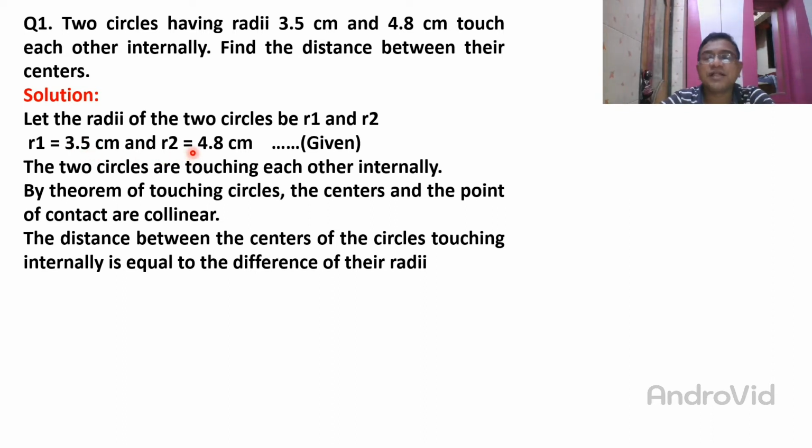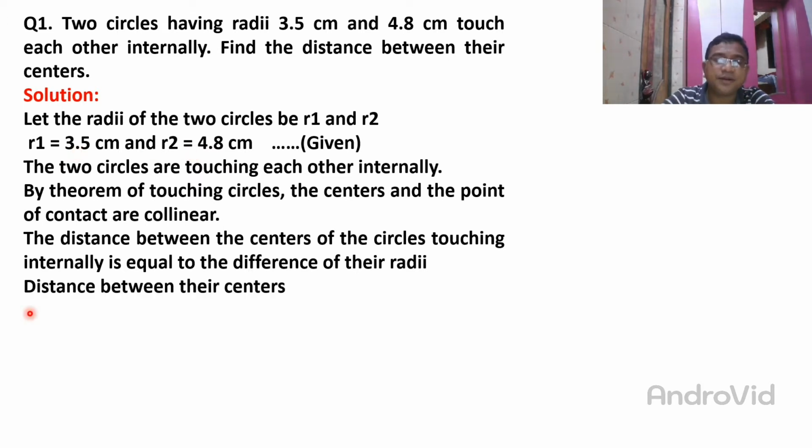So the distance D is equal to R2 minus R1. Here I write R2, 4.8 centimeter, minus R1, 3.5 centimeter.